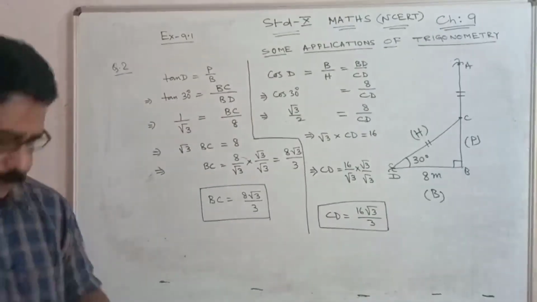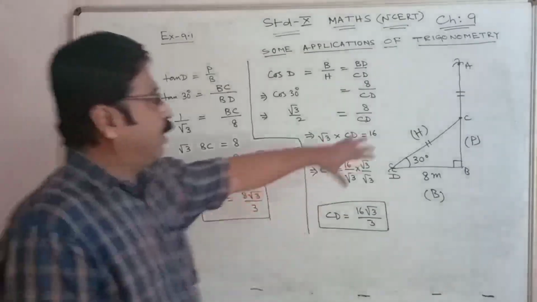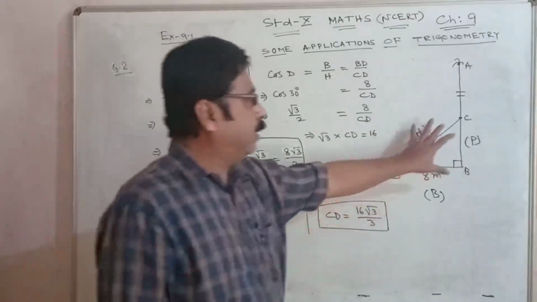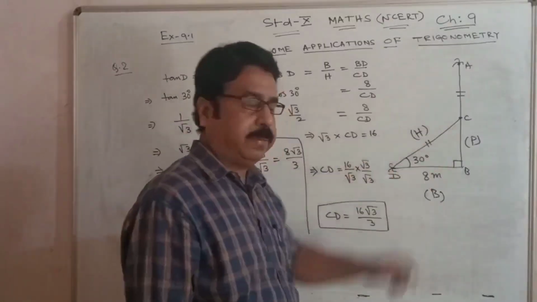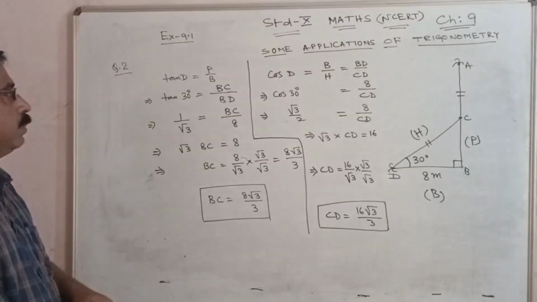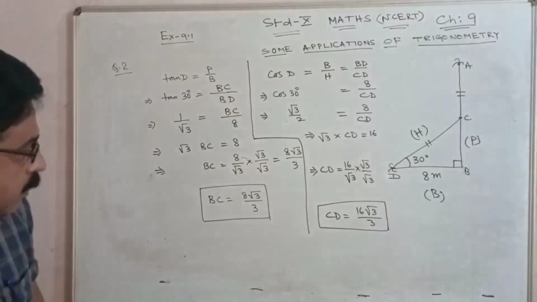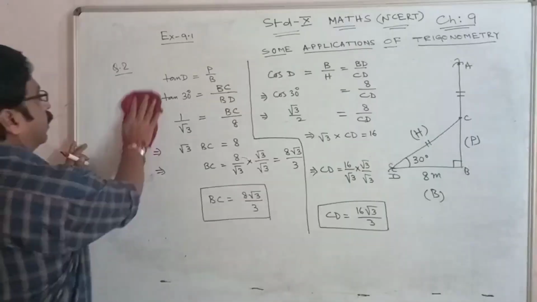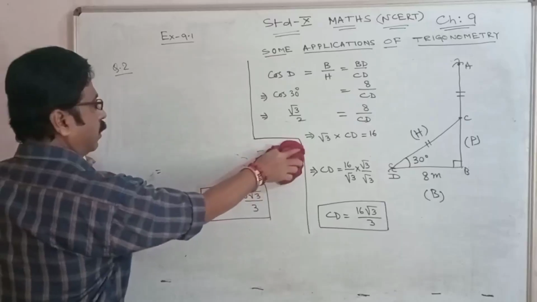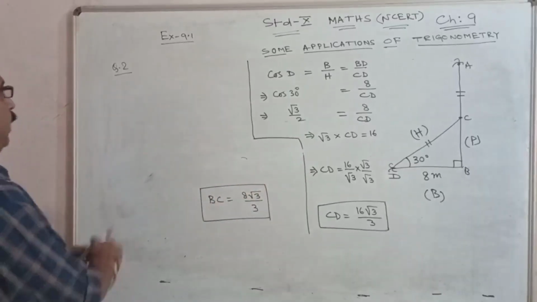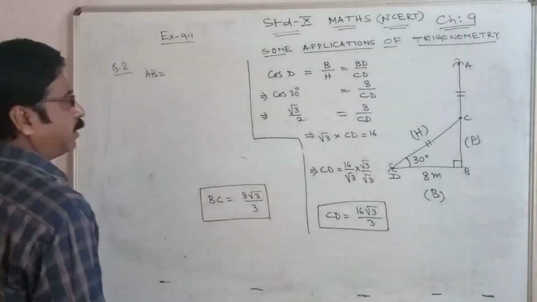We have to find the height of the tree. We got CD and BC also. So if we add BC plus CD, we will get AB. I have to clean this part. AB means BC plus AC.